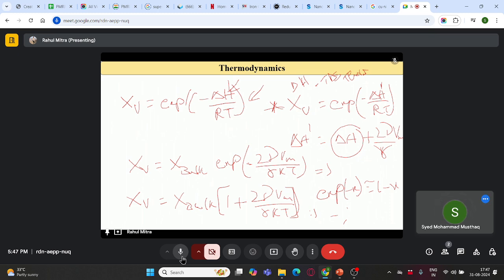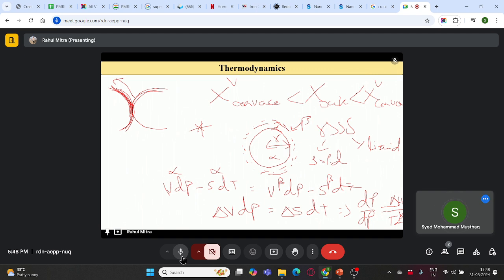We will get an extra term, but again it only talks about the bulk, so it will come out as the mole fraction of vacancies is, let me write it, the bulk value times this, and depending upon the curvature, whether we have let's say concave or convex, the vacancy concentration will vary with respect to bulk.